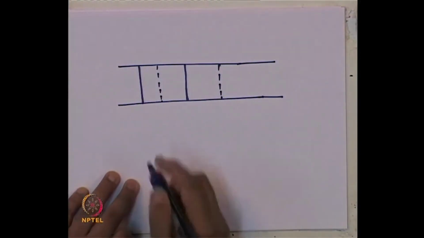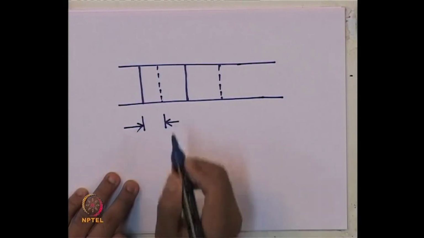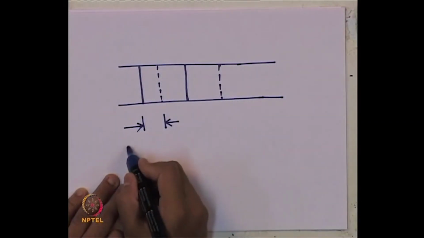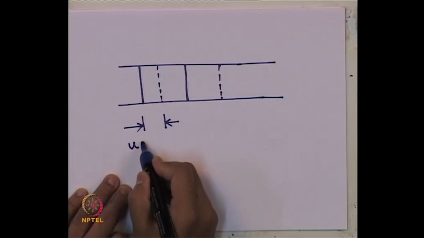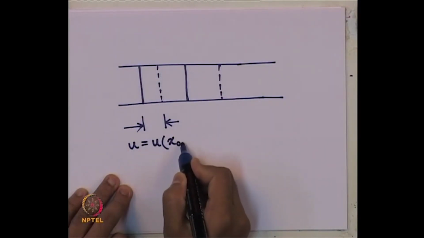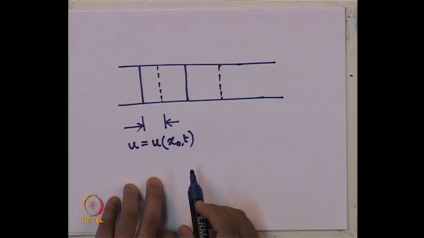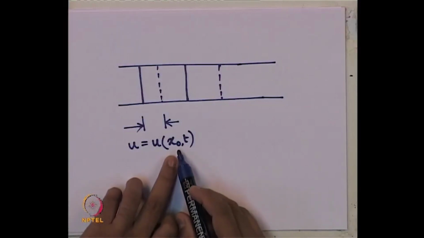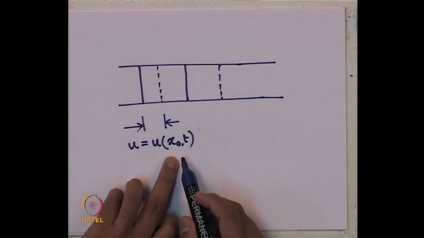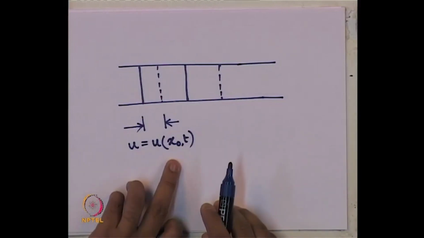Let us say the displacement u in this direction is given as a function u of x naught and t. So, it is a function of the initial displacement and time. With respect to time, the displacement keeps on changing. Clear?